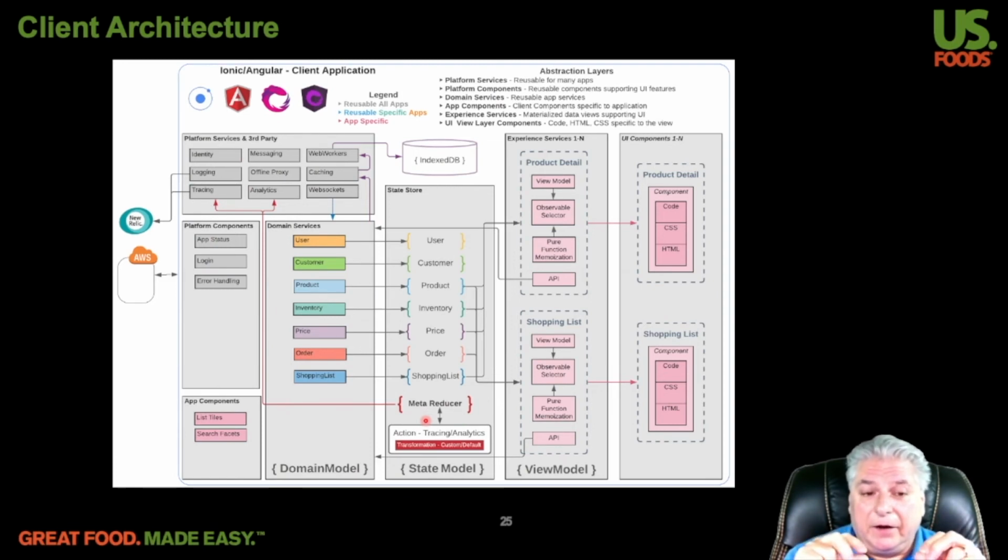Also, if there is an error, it's great to have that whole trace through your back-end system. You could say, let me search for this user ID. Here's the trace for when the user clicked that button. And yeah, we got an exception somewhere. Now we can trace that down and understand how to troubleshoot it. The meta reducer is a great place to hook that, because you could create an action that says the user clicked this button, and your meta reducer will fire.